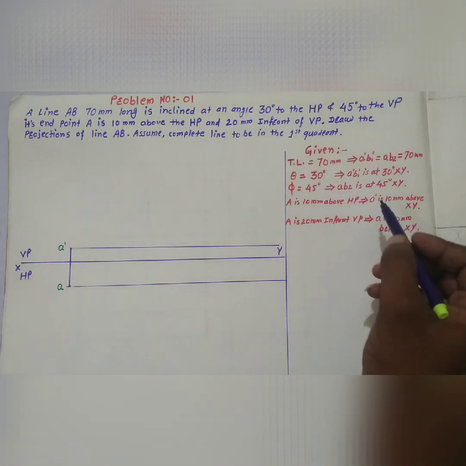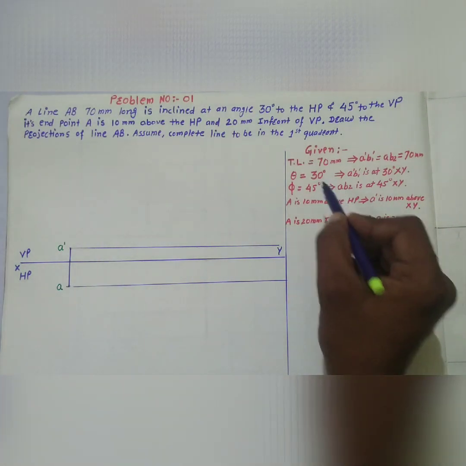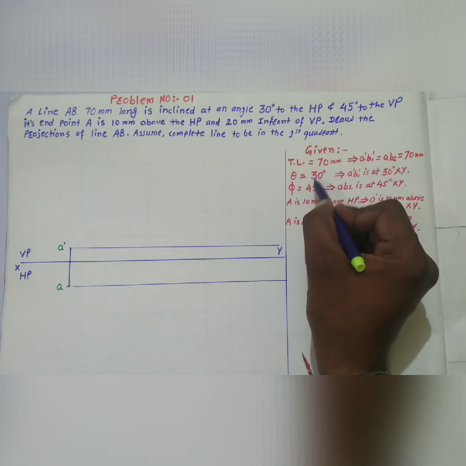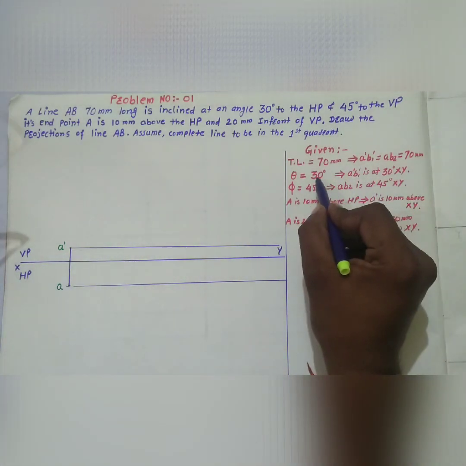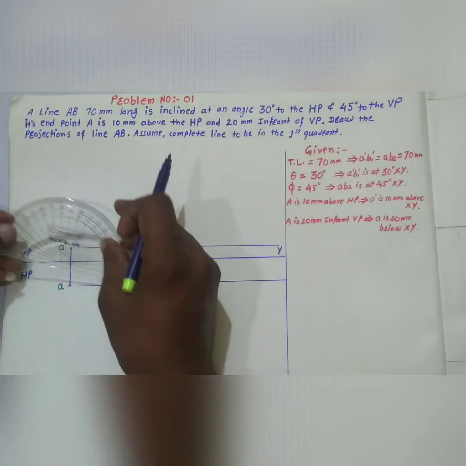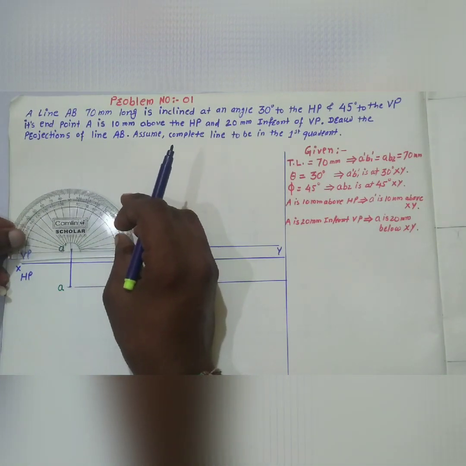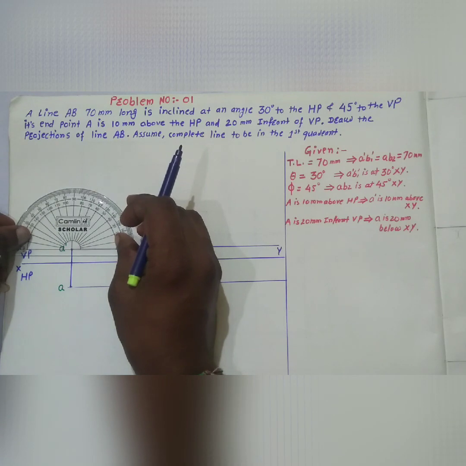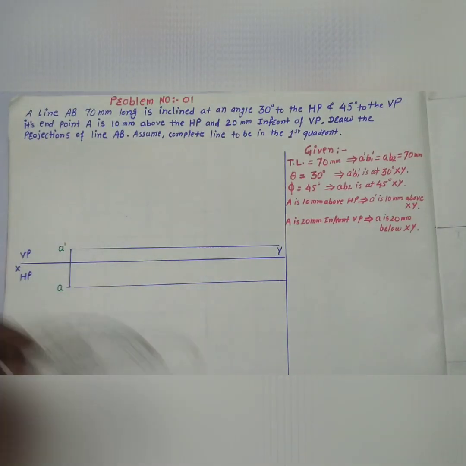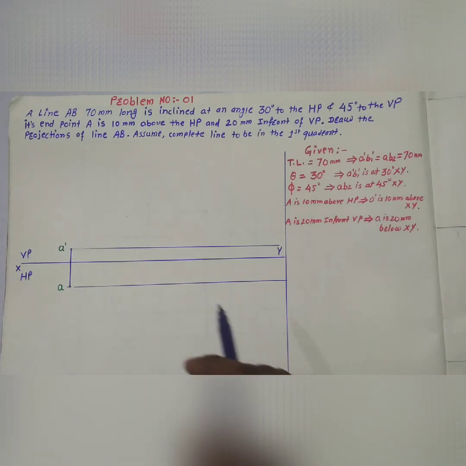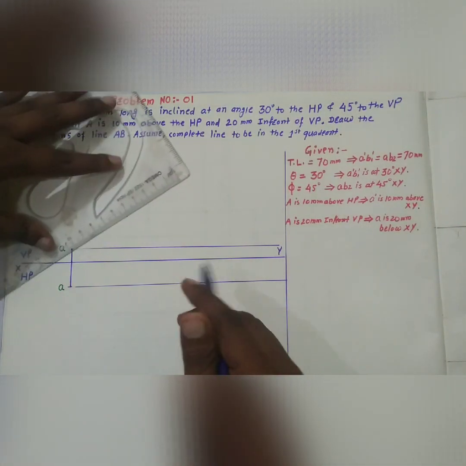Now we have to draw the 30 degree and 45 degree angles. This 30 degree we take from this point A dash. Mark 30 degrees here and draw one straight line from the same point.